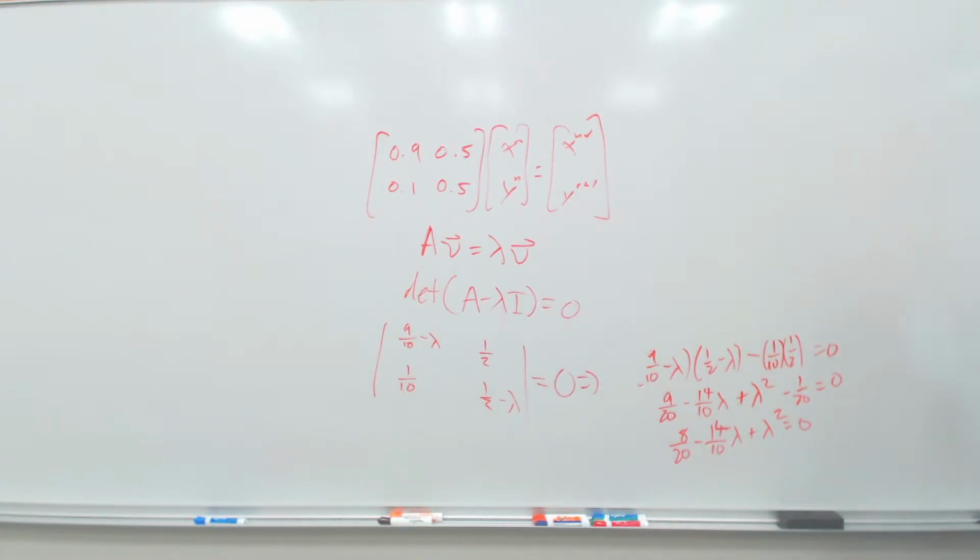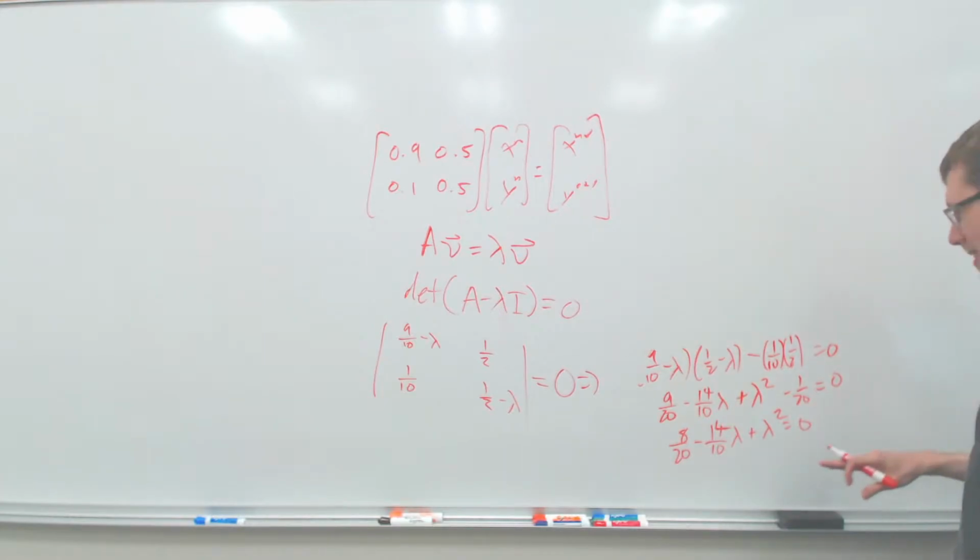Luckily, this one we can actually factor. I already know that 1 should be a solution. Give me just a second here. I hope I didn't mess anything up. I guess we'll find out in a moment.